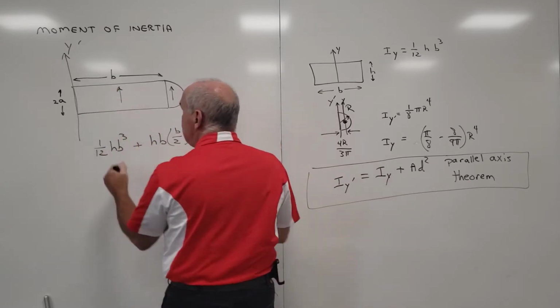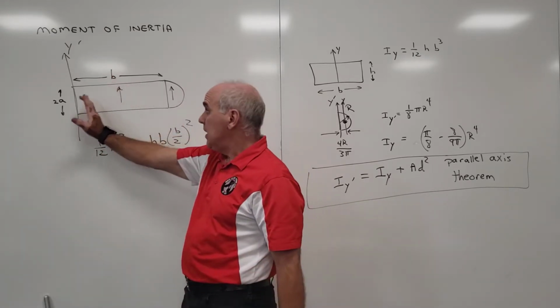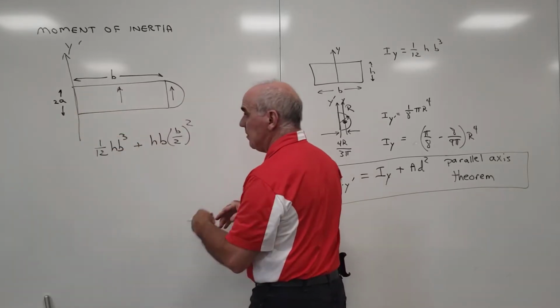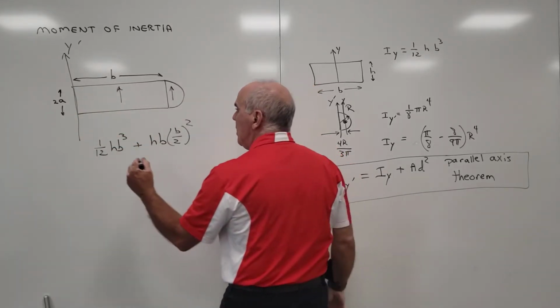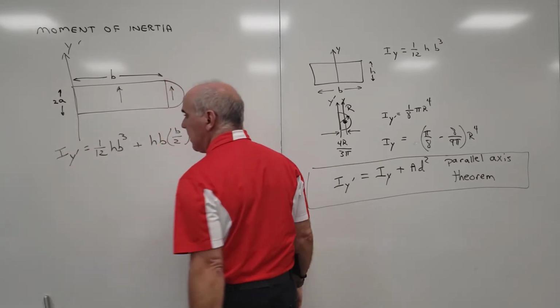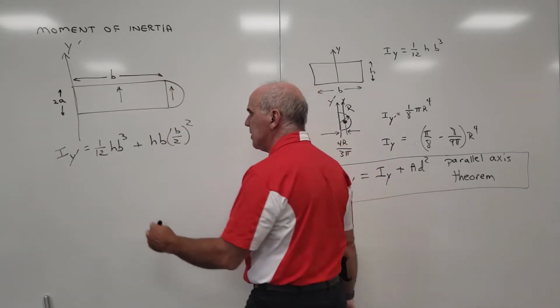The distance through the center of mass of the rectangle is going to be b over 2. I'll get to the 2a here in a little bit, but I want to do this in general. All right, so this is going to be through the y prime axis for a rectangle. You can look this up, but I want to do it this way first.